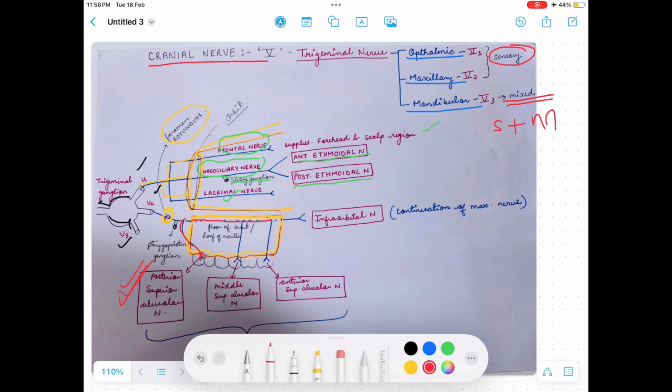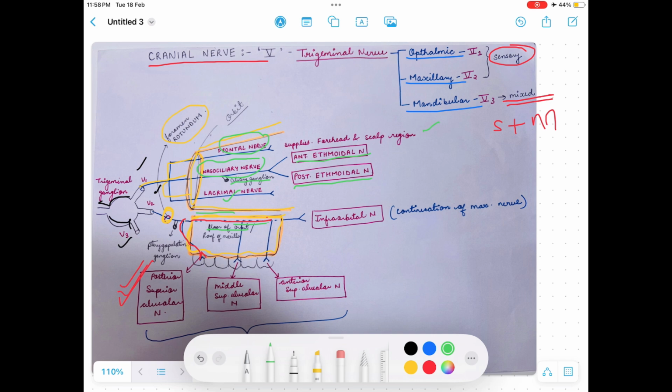So this structure that I am drawing with green is where basically this nerve passes. Since this structure is below the orbit, we can say floor of the orbit, and this structure represents the roof of the maxilla, means this is the uppermost part of the maxilla and hence it is called the roof of the maxilla.